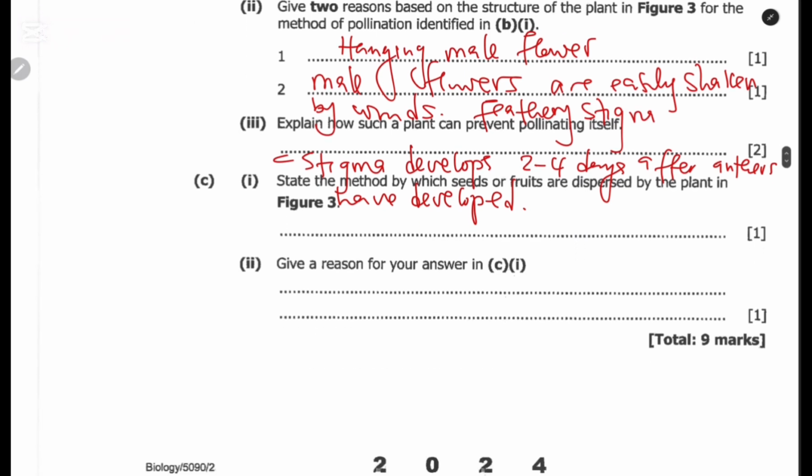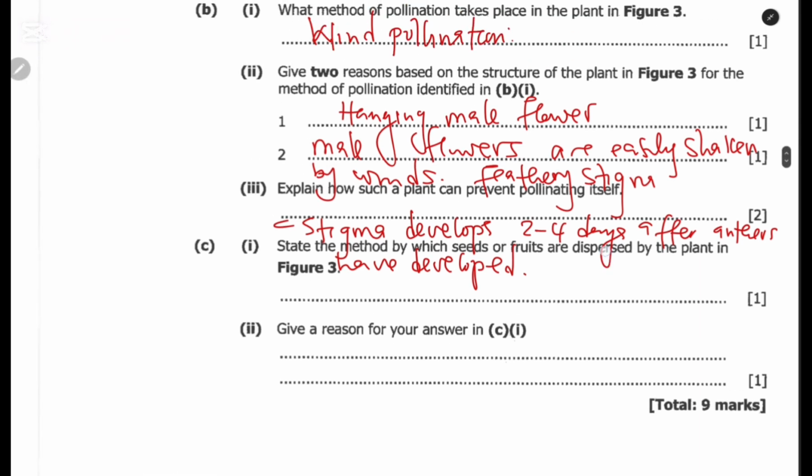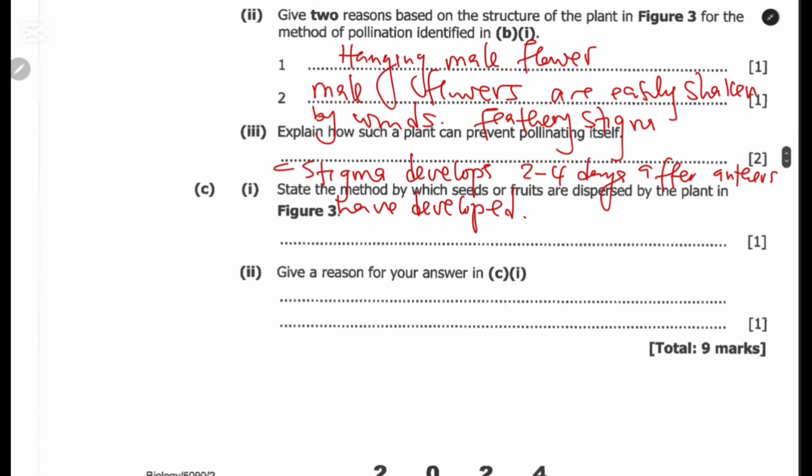Now, state the method by which the seeds or fruits are dispersed by the plant in figure 3. Like we said, this is the maize plant, and in Zambia that is our staple food, so we eat it. The method by which the seed or fruit is dispersed is animal dispersal. Give a reason for your answer.